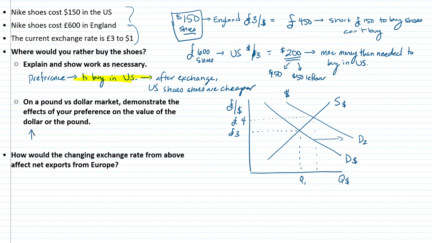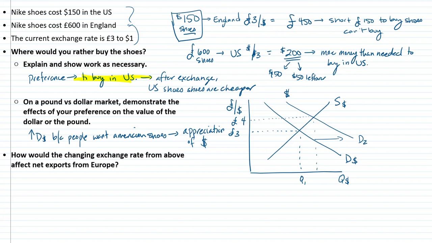So we're going to see an increase in demand for dollars because people want American shoes, which is going to lead to an appreciation of the dollar, right? So those are our two starting points in purchasing power parity.